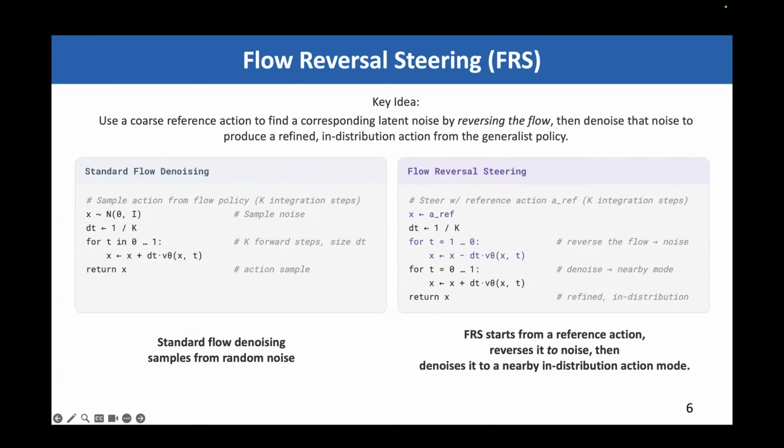So for example, for a standard flow denoising, you might start with a random noise and then you try to sample some actions from there. While in FRS, you start from an action, a reference action, they call it, and then you reverse it to noise, which is allowed in flow matching because of the deterministic nature of it, and then you denoise it again to a nearby in-distribution action mode.